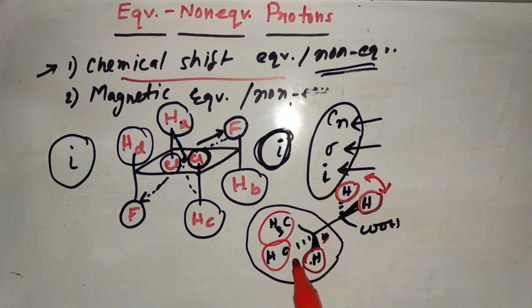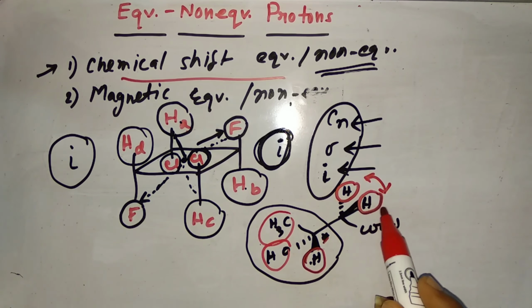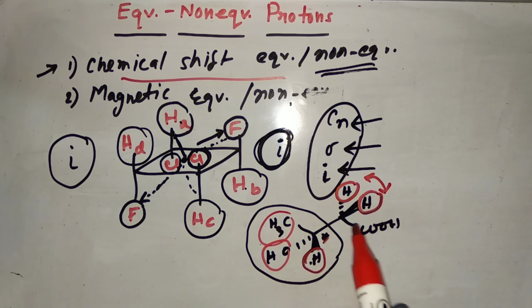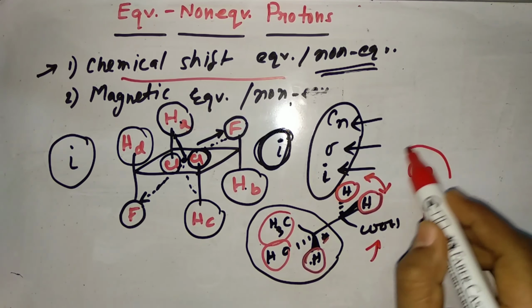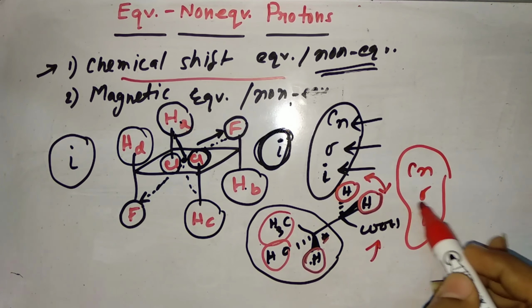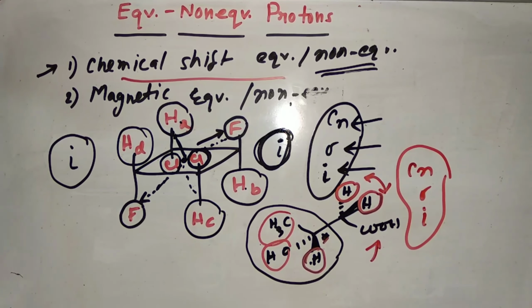Because of this, we cannot change the positions of these two hydrogens, and that makes the system chemically non-equivalent. There is no Cn, sigma or i present in the system, and that is why these two hydrogens will be chemically non-equivalent.